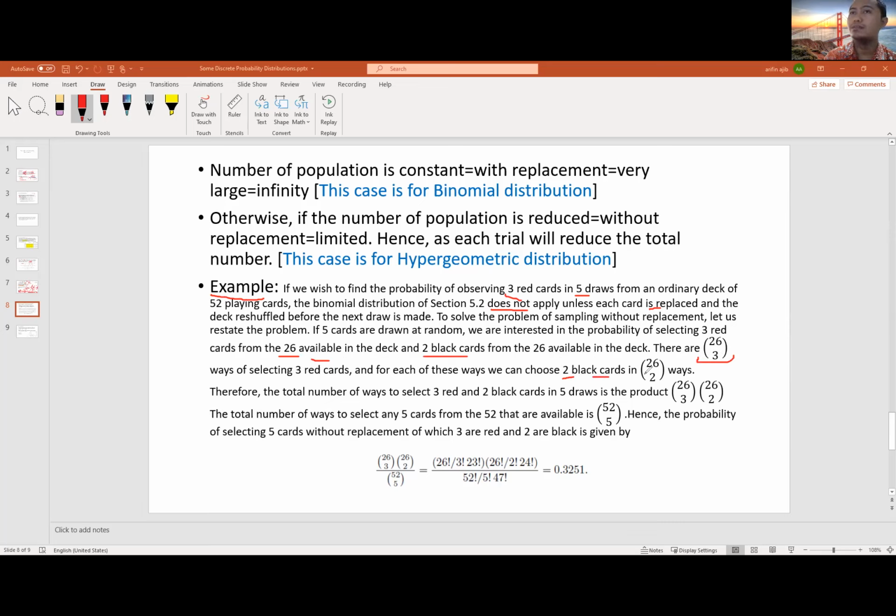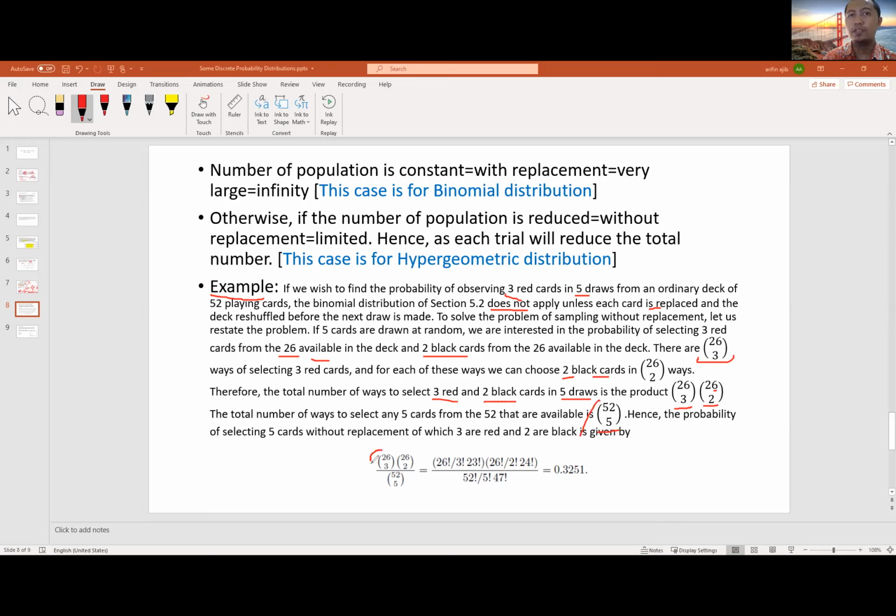So in this case, the total number of ways to select 3 red and 2 black cards in 5 cards is a multiplication: 3 and 2 from 26 and 26, divided by the combination of 5 from 52.